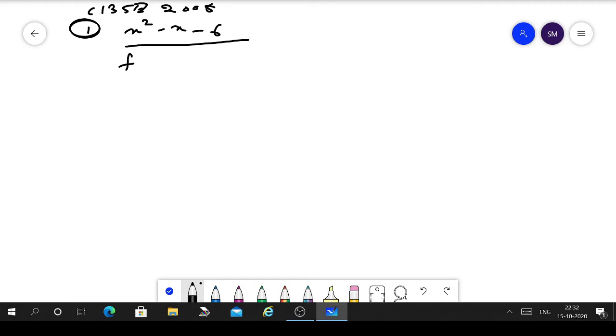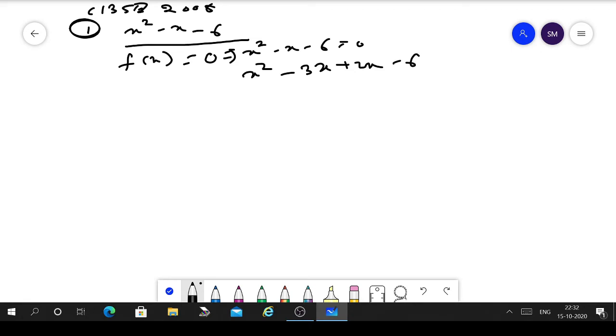When we find out the zero of this, equate f(x) is equal to 0, which implies x square minus x minus 6 is equal to 0. Then by middle factor factorization, x can be split into minus 3x plus 2x.